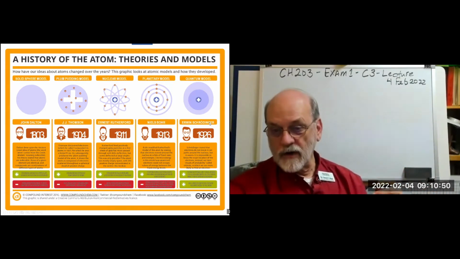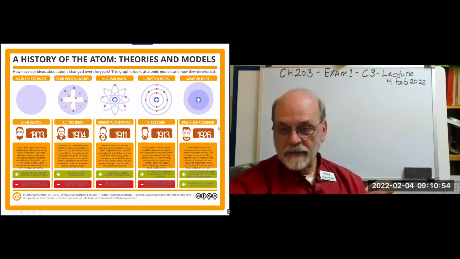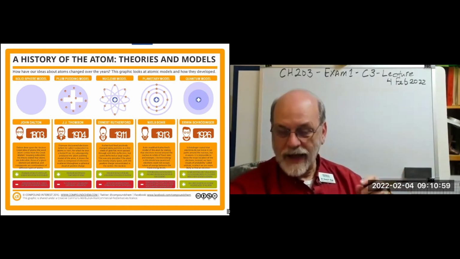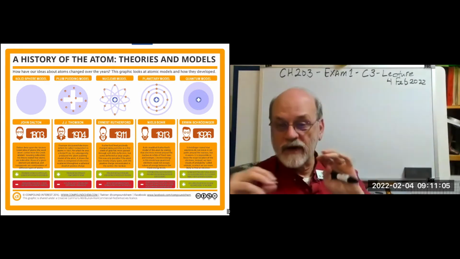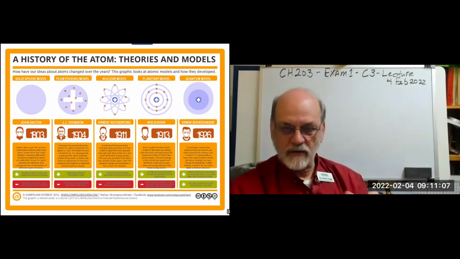And then finally Erwin Schrödinger and his wave equations actually got closer to reality. How is the atom really structured, and why do the electrons behave the way they do in that space around the atom?